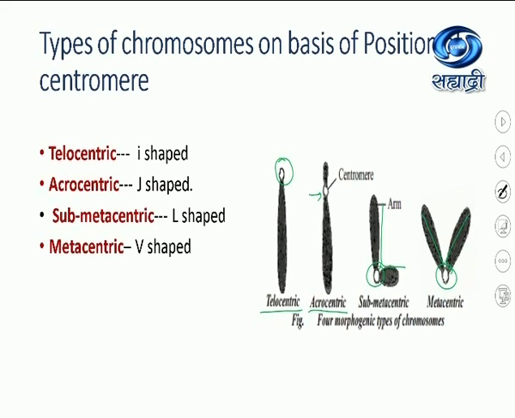Thus, the 4 types of chromosomes on the basis of centromere position are: telocentric, I-shaped, centromere at the end; acrocentric, J-shaped, centromere towards the end; submetacentric, L-shaped, centromere towards the center; metacentric, V-shaped, centromere at the center.